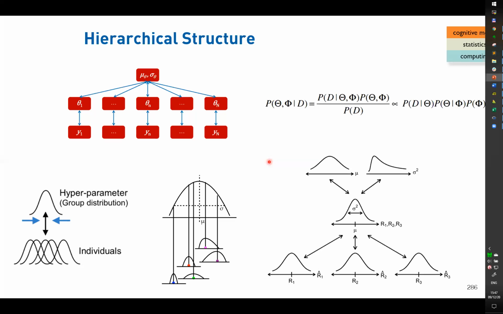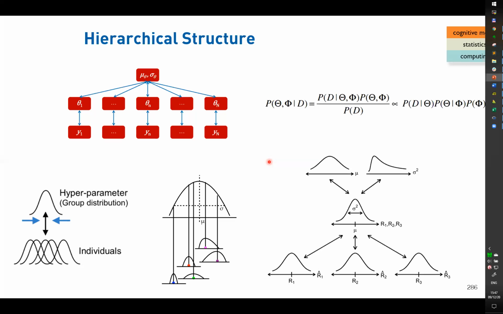We toss the coin 100 times, and we receive some number of heads, and coin number 2, we toss and could receive some number of heads, and then coin number 3, 4, 5. We could also do this hierarchically. There is a hierarchical group level distribution governing all of the commonality of the coins because they are from the same factory. And then at the individual level, they are the coin observations, head observations.